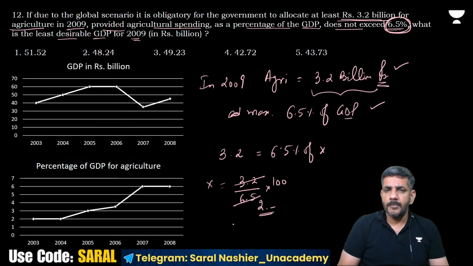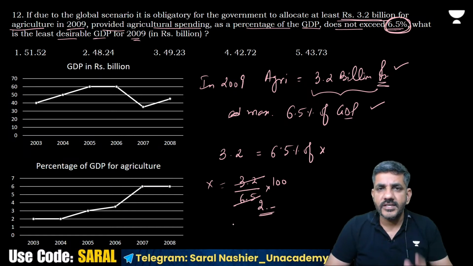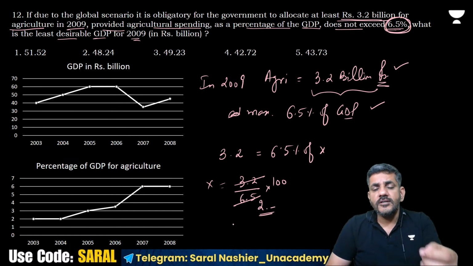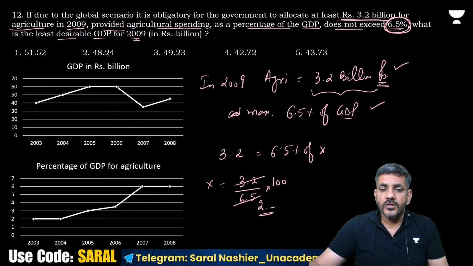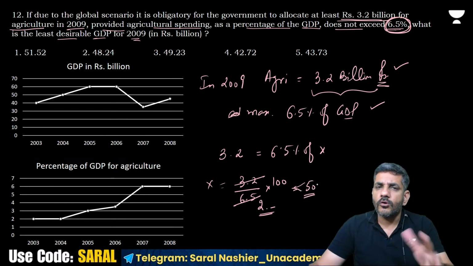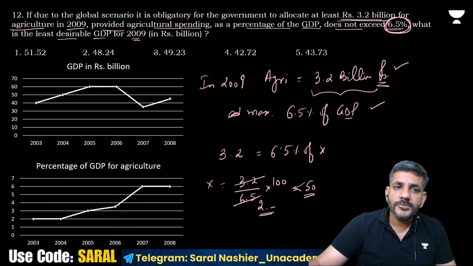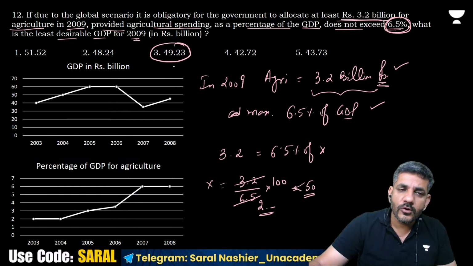So 100 divided by 2 point something is slightly below 50, very close to 49. I see an option called 49.23 over here.